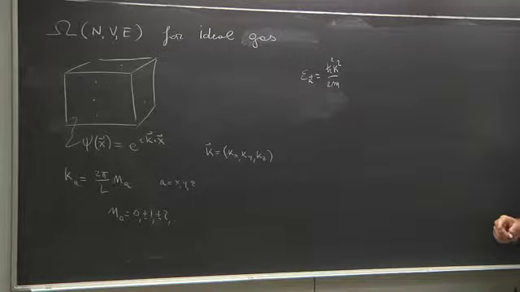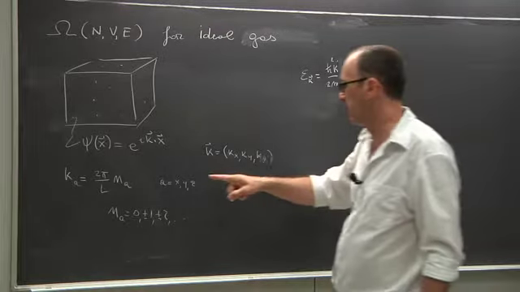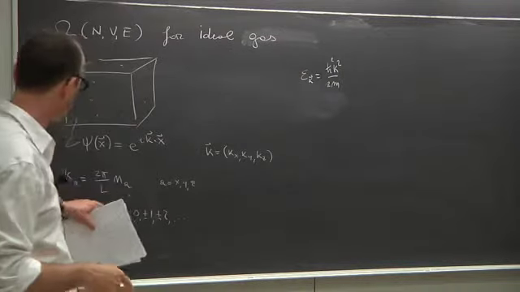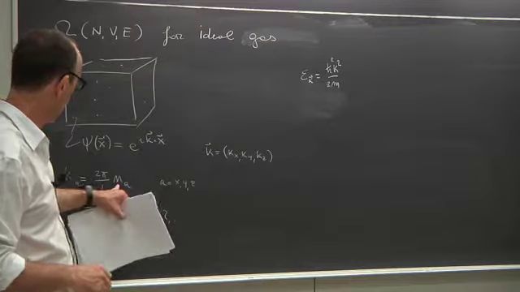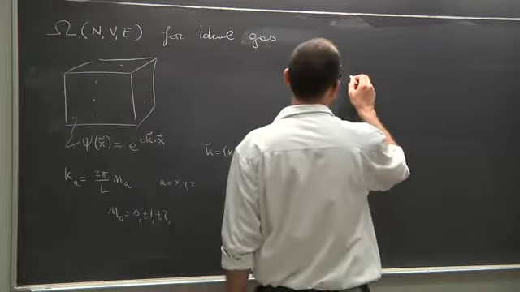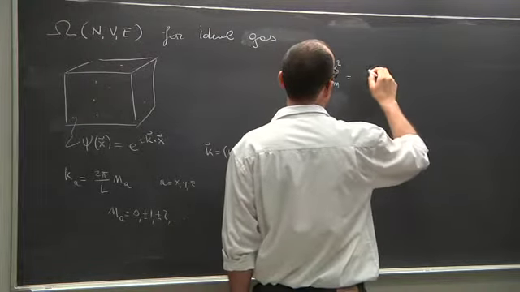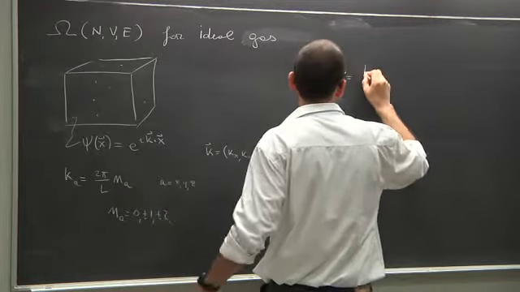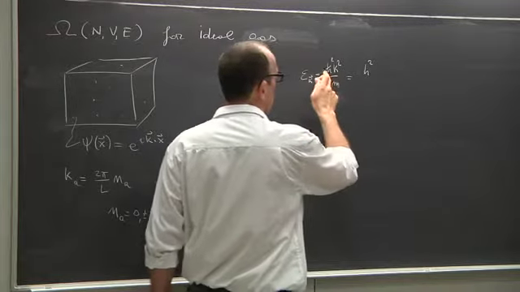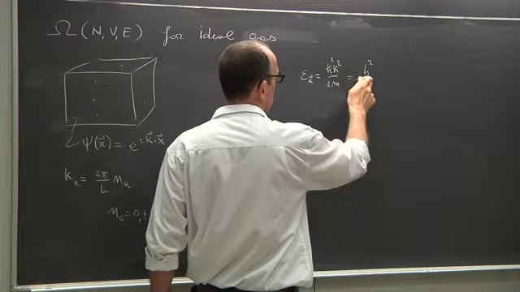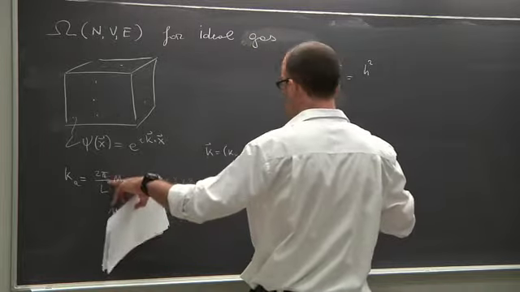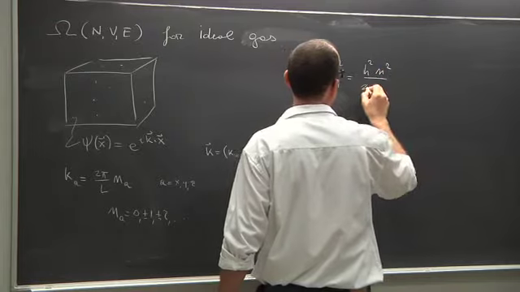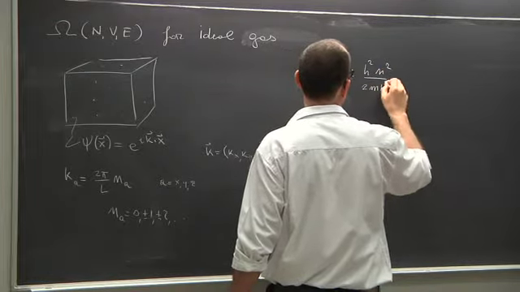Now if I write it in terms of these numbers n, this will be h squared, this is not h bar, h bar is h divided by 2 pi, but if I multiply by 2 pi I get h, n squared divided by 2m L squared.